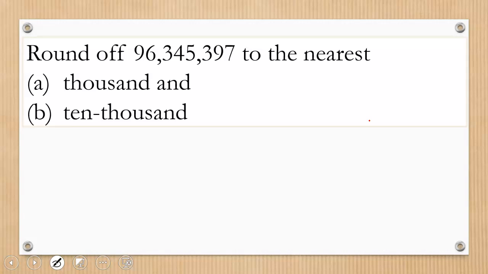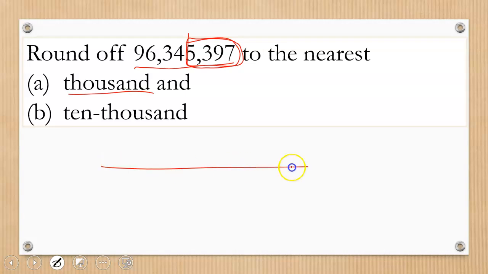Now let's look at thousands and 10,000s. We are going to round this number to the nearest 1,000 first, then the nearest 10,000. The number is 96,345,397. To the nearest 1,000 means our concentration is going to be on the 1,000 digit here, which is 5,397. That 5,397 lies between 5,000 and 6,000.